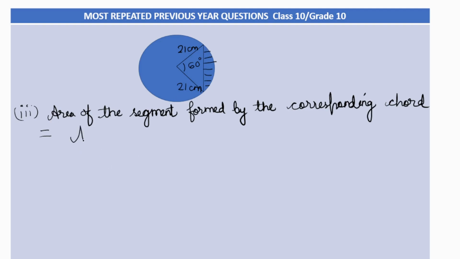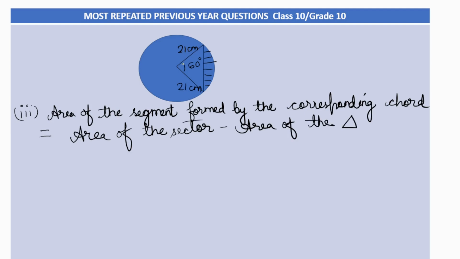So the area of the segment will be equal to the area of the sector subtracted by the area of the triangle. And if you look at the triangle, two sides of the triangle are the same, 21 centimeter, 21 centimeter. This is 60 degree, which means this is an equilateral triangle.